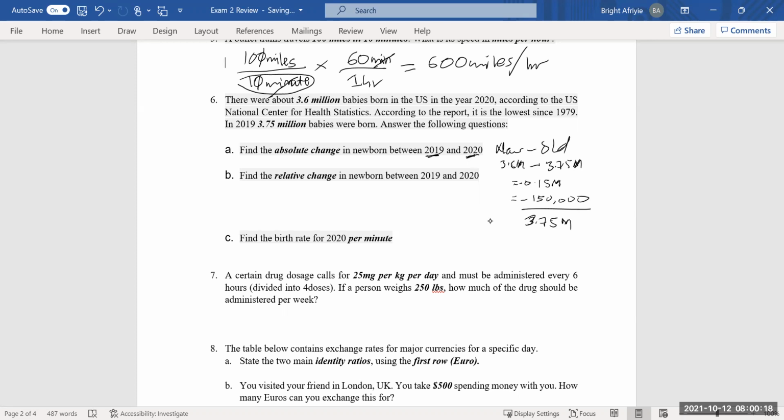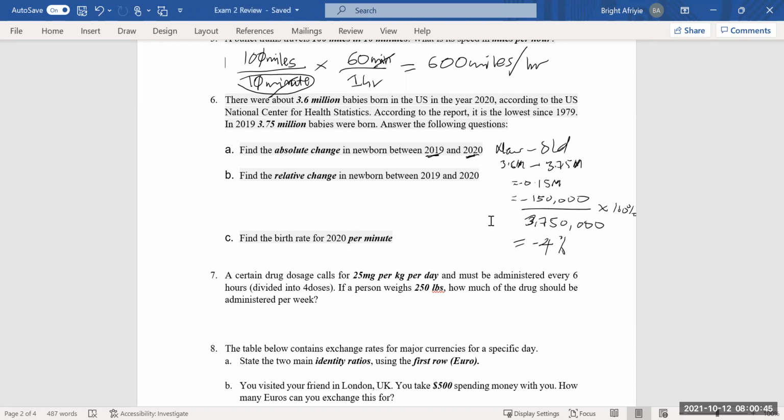Is that okay? You could actually write this in full to see the full effect of it. If you do that division, that should give you about 4%. Whatever you get here, you multiply by 100 to get that in percentage. And that is 4%, and that's negative. Is that good?